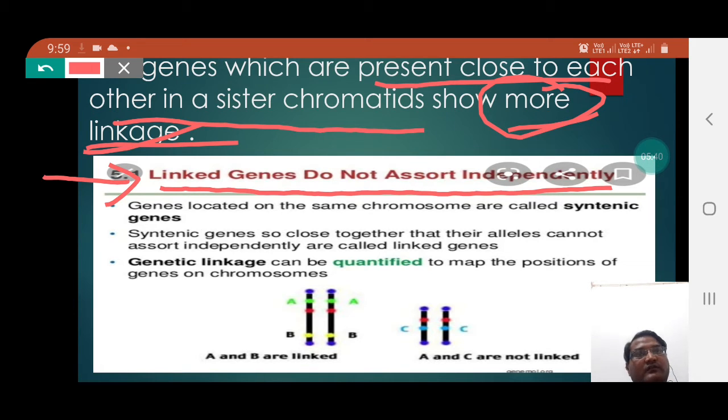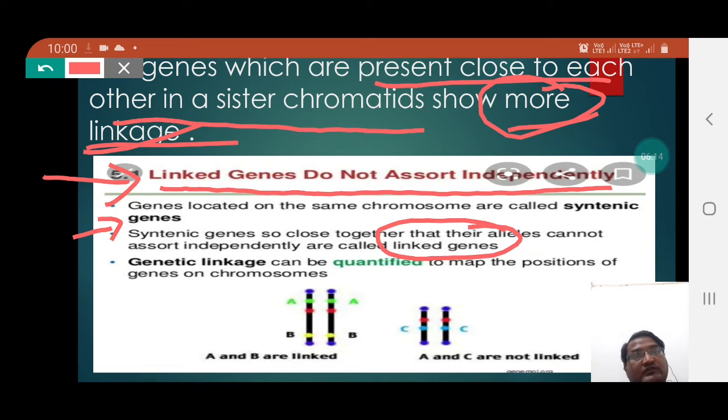Genes located on the same chromosome are called syntenic genes, and syntenic genes remain so close together that their alleles cannot assort independently and are called linked genes. If genes stay very close to each other, it is very difficult for them to get separated.